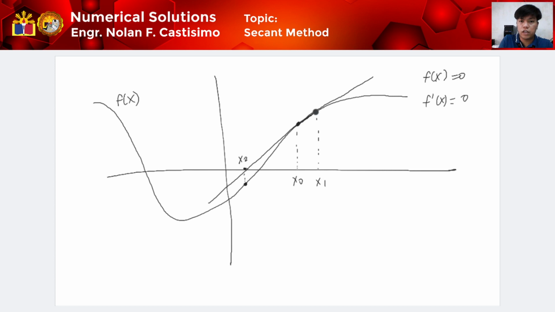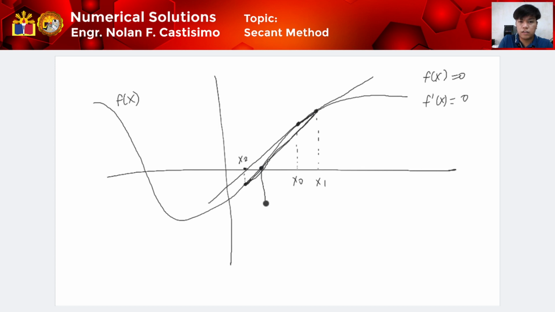So we draw a line again, which should connect x1 and x2, until such time that we get the root.